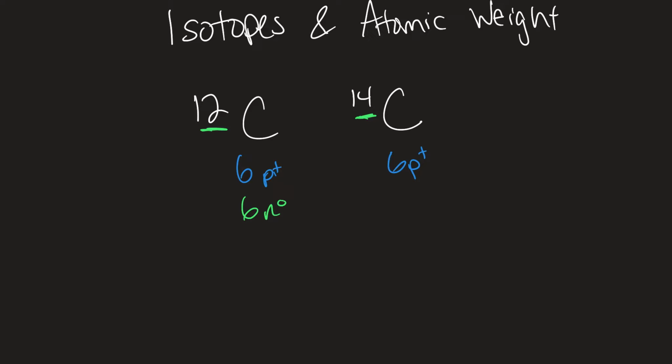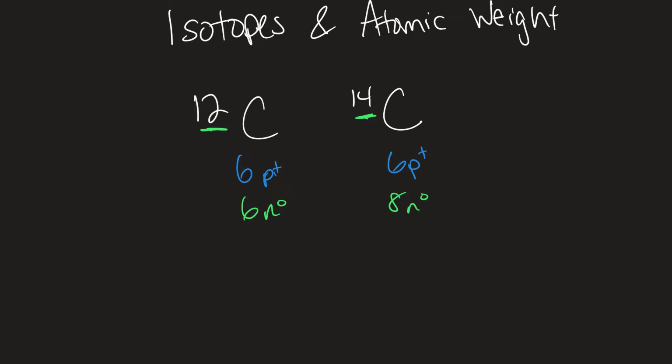Carbon 14 has 8 neutrons. And so here we have what we call isotopes. These two carbons are isotopes of each other. They're the same type of atom because they have the same number of protons, but because their number of neutrons differ, this is what makes them isotopes of one another.